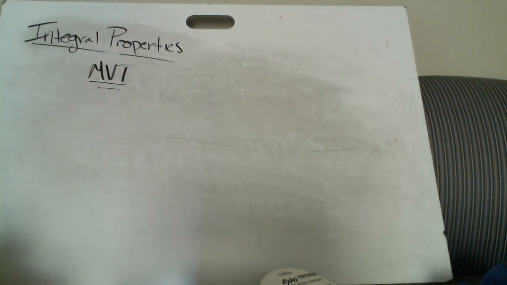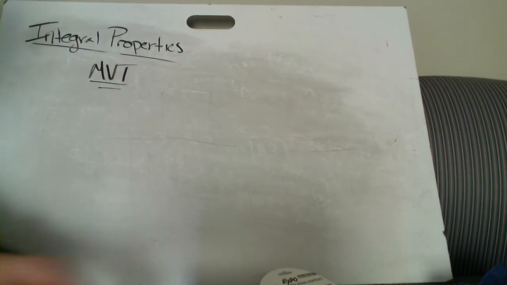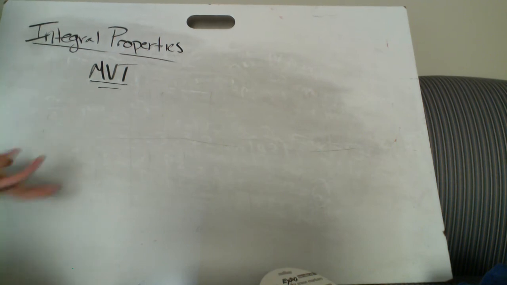The mean value theorem, when we looked at it with regular functions, just said that if you are taking derivatives, there's some special point c where the derivative at c is equal to the average rate of change. And we actually have a very, very similar theorem for integrals. So this is the MVT for integrals.